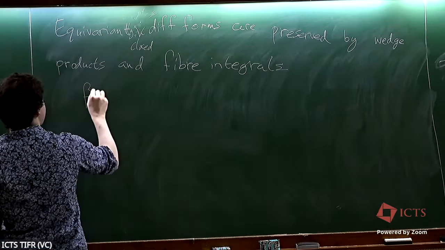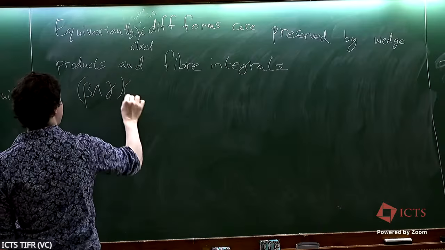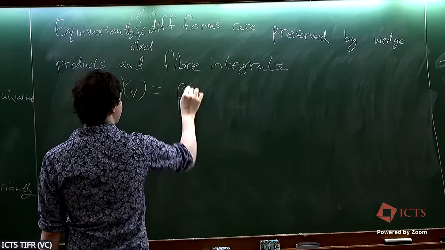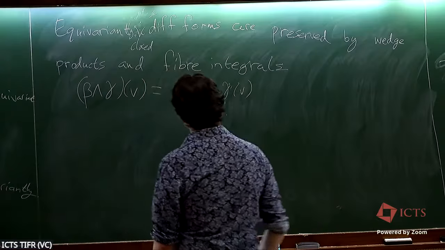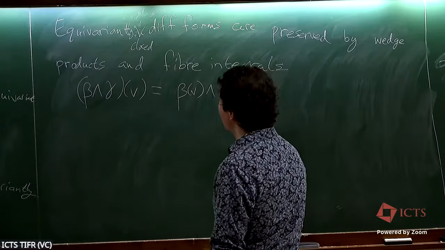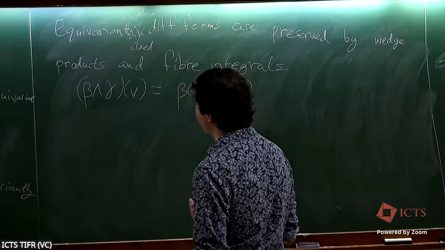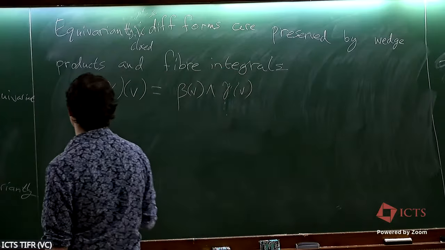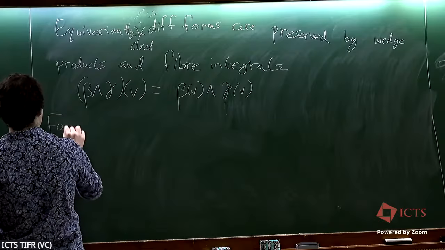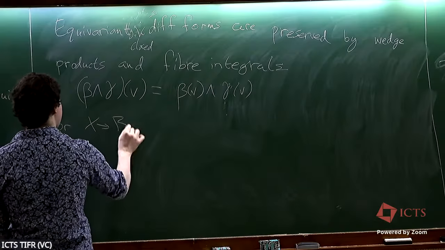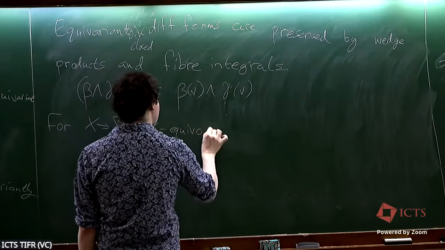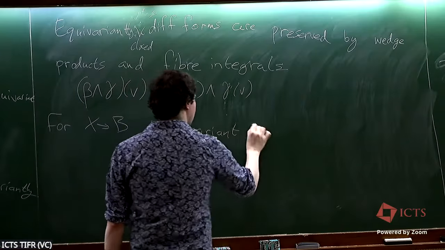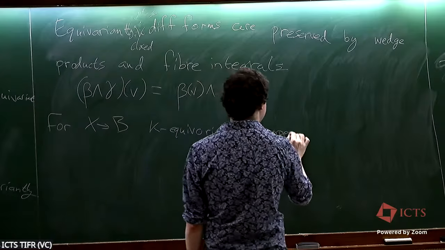What I mean is, beta wedge gamma, the wedge is just defined by wedging the form components. So the wedge product is defined in the natural way. And for equivariant proper submersions, the fiber integral is defined in the same way. So for X to be K-equivariant, I need a K action also on B. Proper, so the fibers are compact.